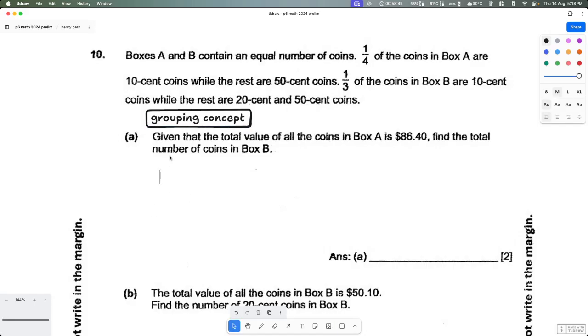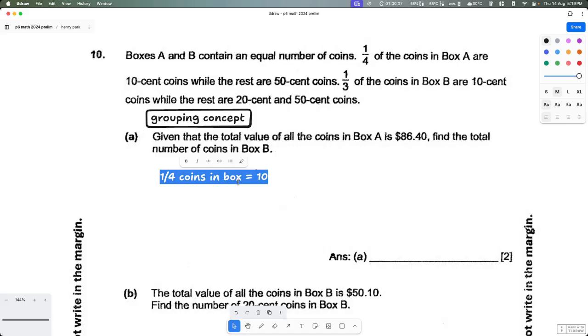So 1/4 of the coins in box A is equal to 10 cents, right? Okay, so 10 cents.